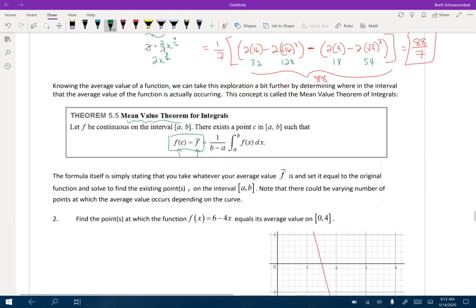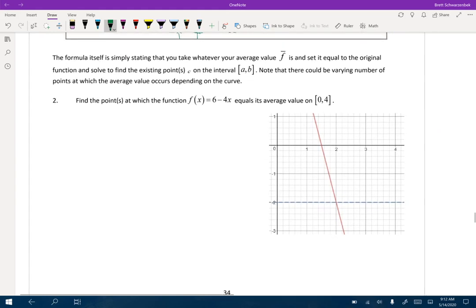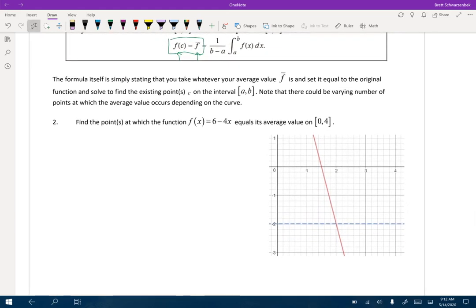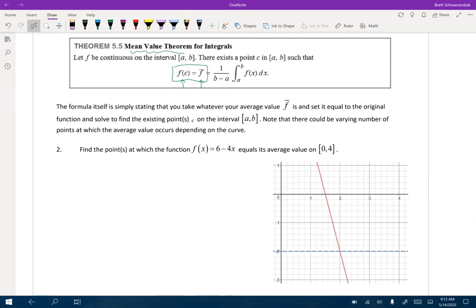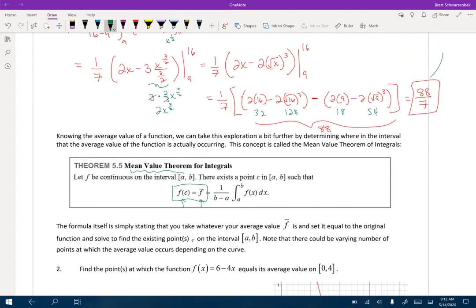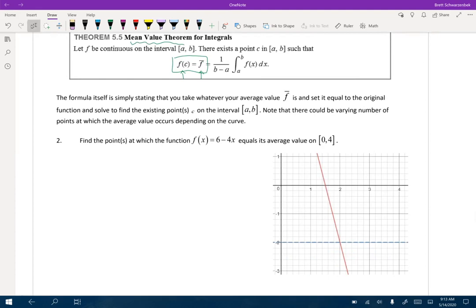So this is actually quite simple as long as you follow with the concept itself. Very simple. Why? Because what do you have to do in the problem? You have to find f bar again. Either way. The big thing is once you find f bar, which is indeed just a number, all you're going to do is set it equal to your original function and solve.